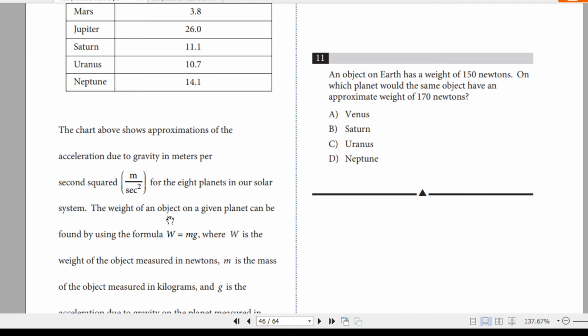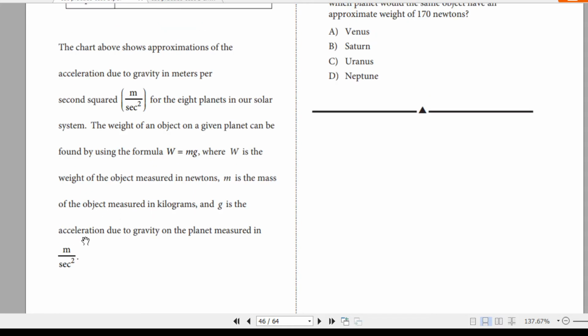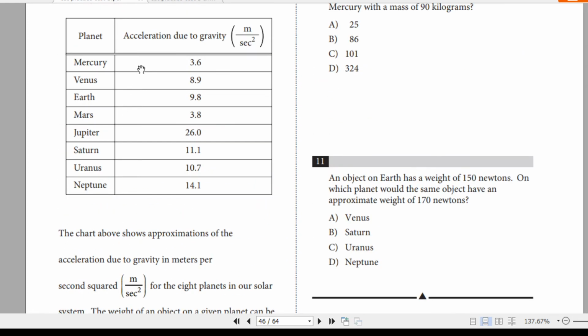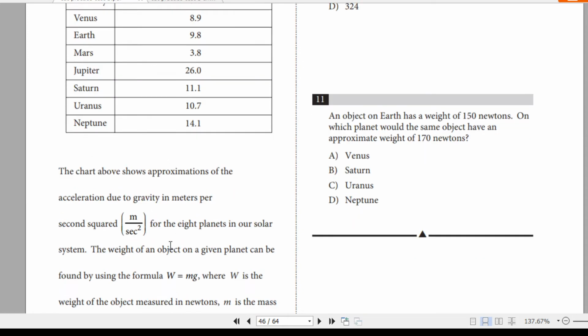The weight of an object on a given planet can be found by using the formula W is equal to mg, where W is weight of the object measured in newtons, m is the mass of the object measured in kilograms, and g is the acceleration due to gravity on the planet measured in meter per second squared. And the values of g are given for different planets.